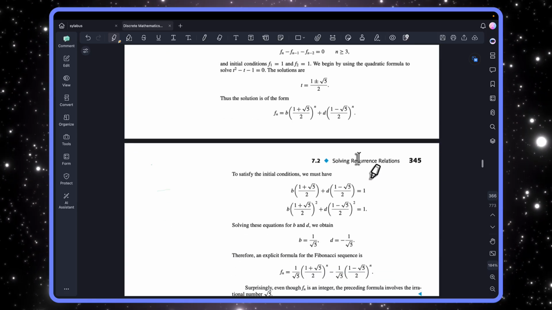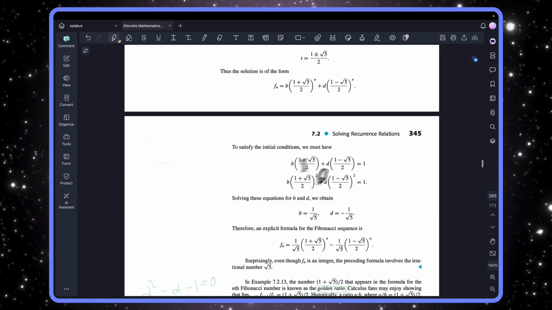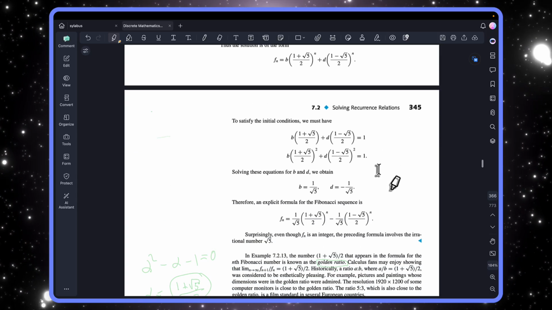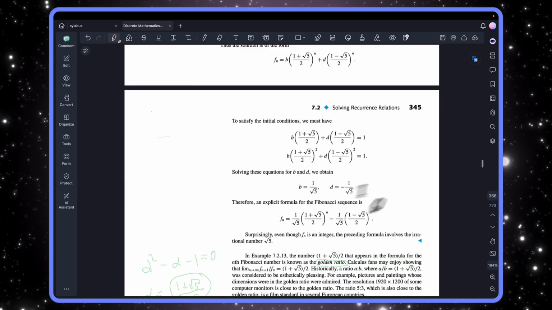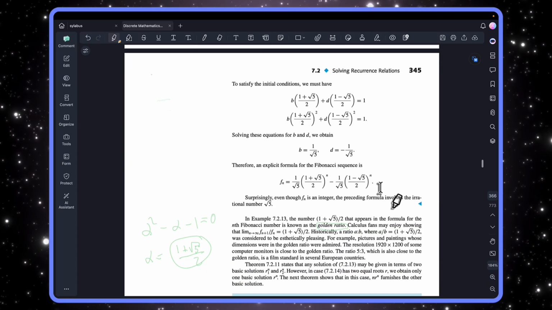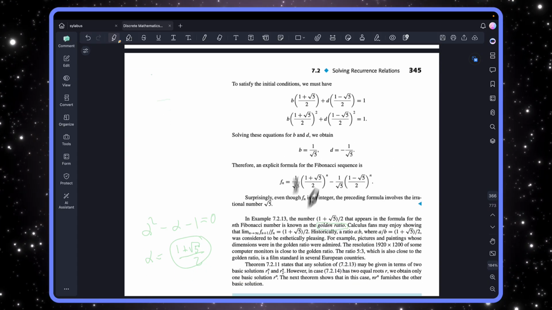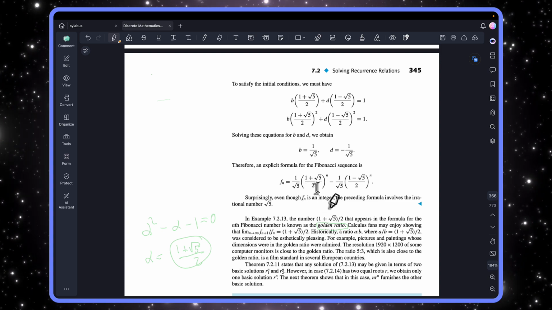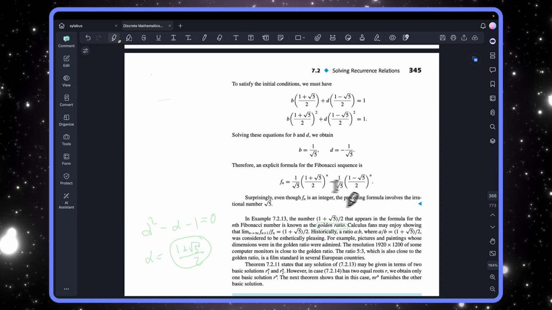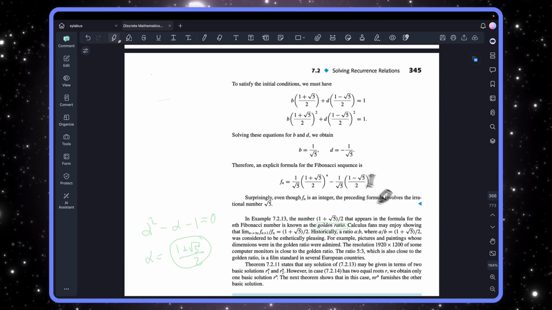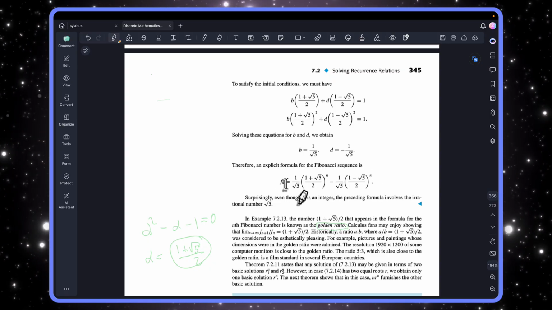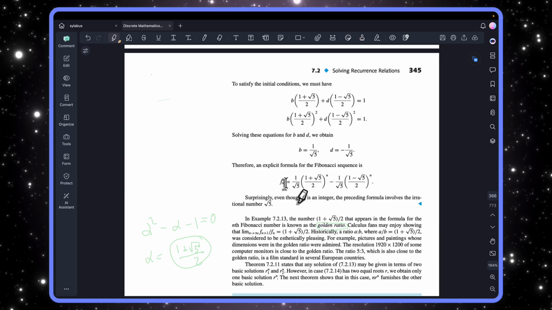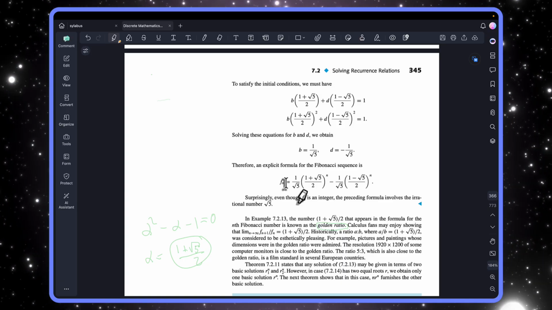And then here they actually find these b and d, and here they are. F sub n is 1 over the square root of 5 times (1 plus the square root of 5) over 2 to the n minus, so there it is. It just seems rather strange, because each one of these is an integer. It's kind of bizarre.